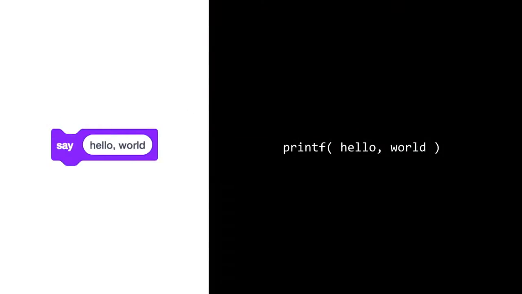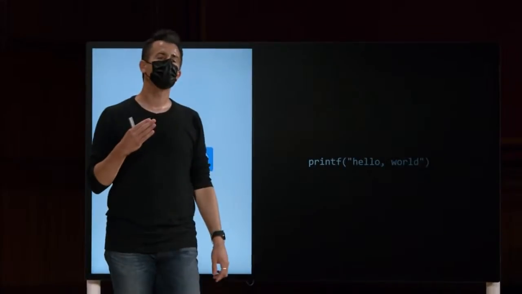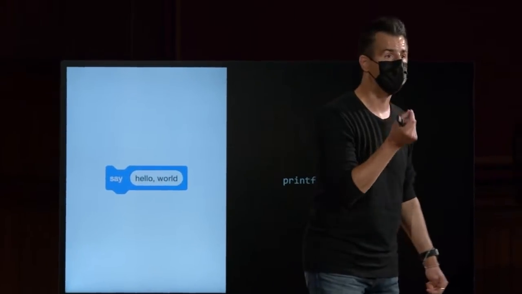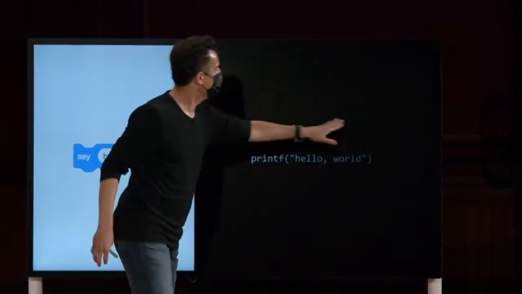Notice, though, if you want to print something like hello world or hello CS50 in C, you don't just write the words as we did last week. You also had to add what? If you notice already, what's missing from this version? Yeah, so the double quotes on the left and the right. So that's necessary in C whenever you have a string of words. And I'm using that word deliberately. Whenever you have multiple words like this, this is known as a string, as we'll see.